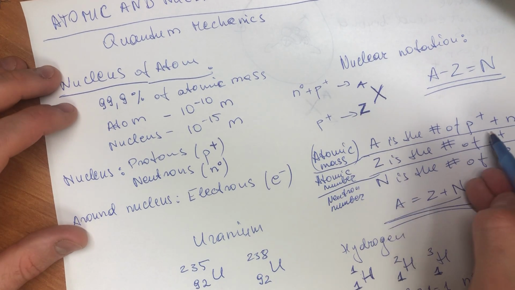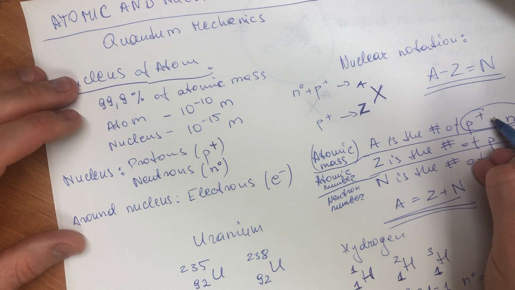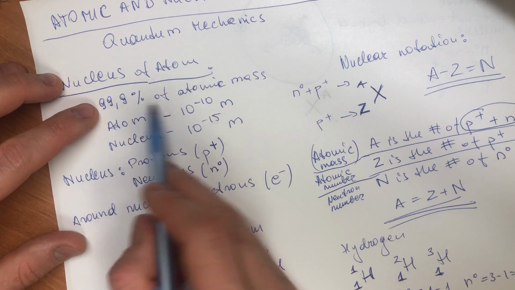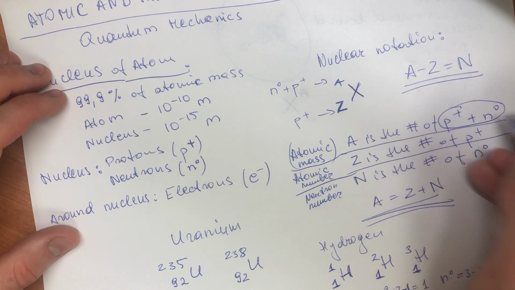Protons and neutrons together make 99% of the atom mass, so this is called the mass number. Protons and neutrons are responsible for mass.